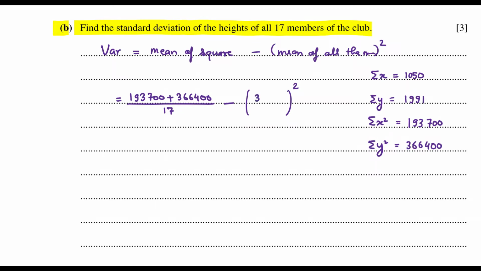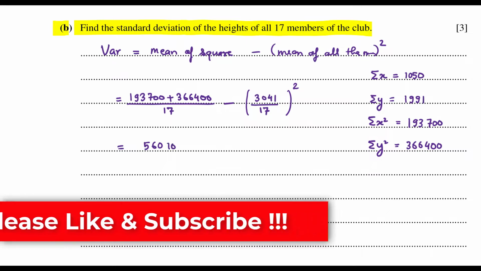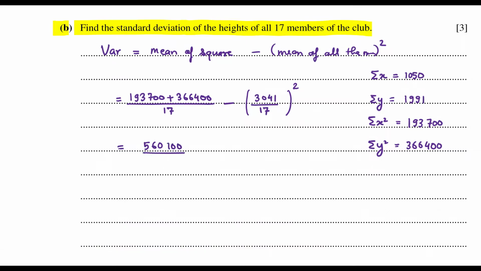It was 3041 divided by 17. So this becomes 560,100 divided by 17 minus 3041 upon 17 whole square.